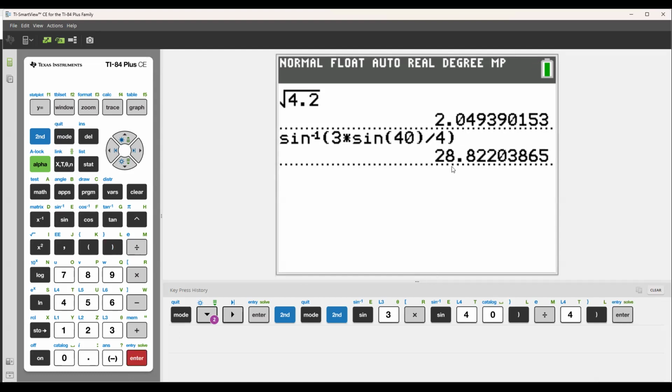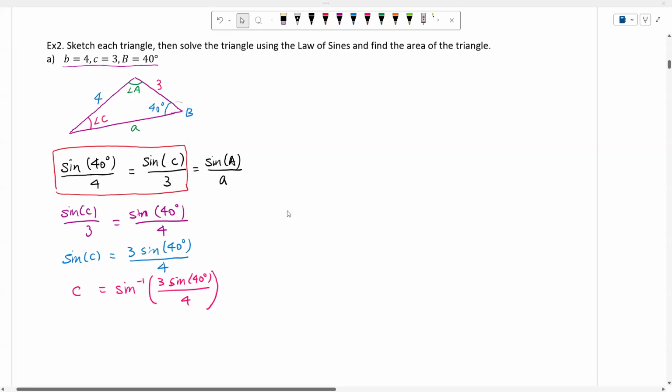And you will find out the answer that we have is 28.8220. Maybe let us round it to 4 decimal places. So it is equal to 28.8220 degrees.